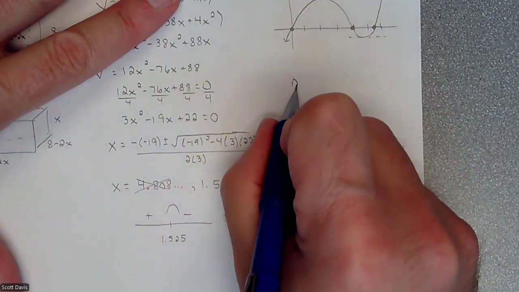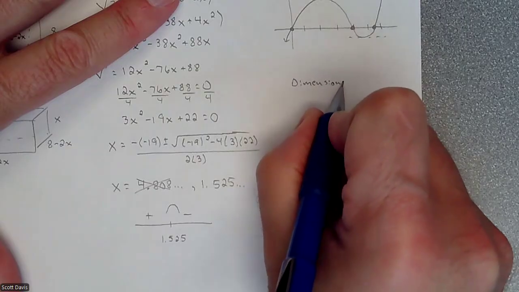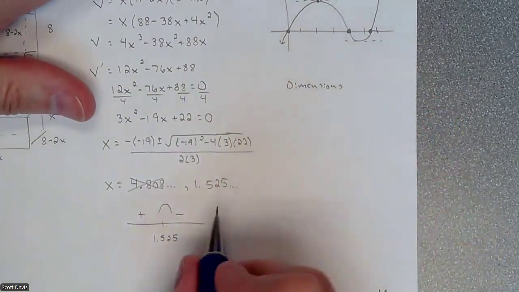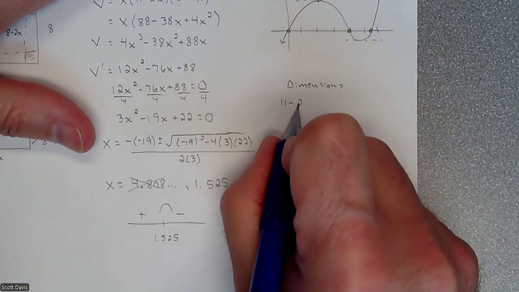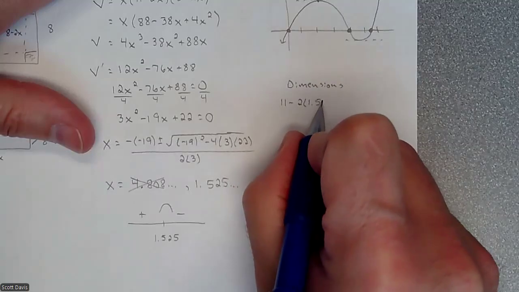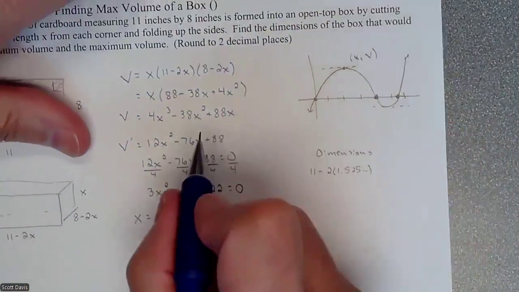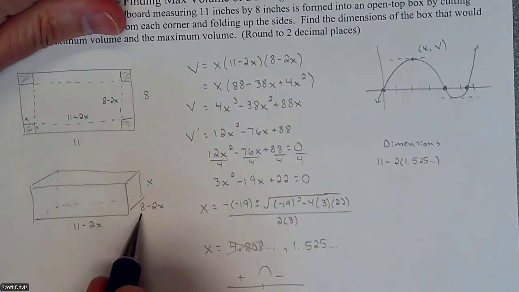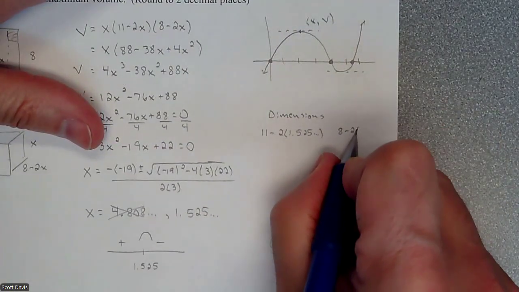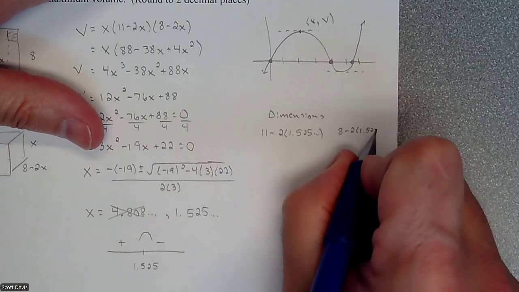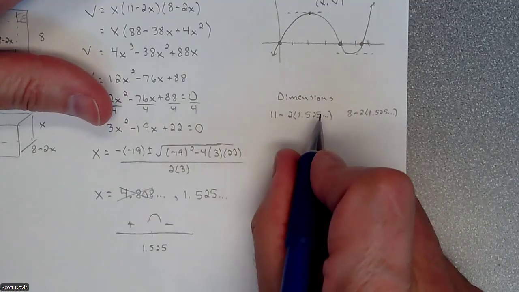So now I just need to do my work to get my dimensions. I already know that that's one of the dimensions. And then I would take my 11 minus 2 times that 1.525 and change. And then because that's getting this side right here, I'm going to do 8 minus 2 times 1.525 and change. So I'd be throwing those right into the calculator using all the value on that.